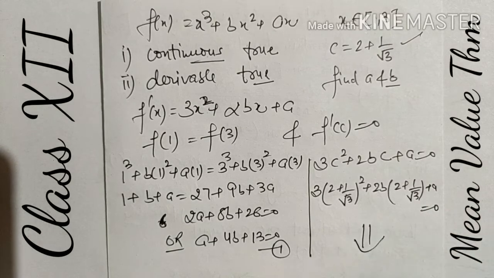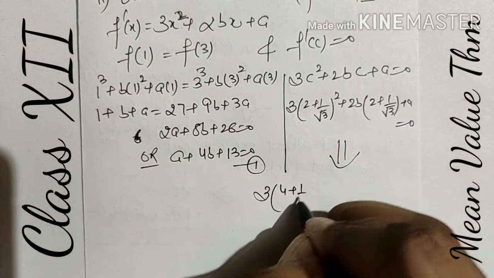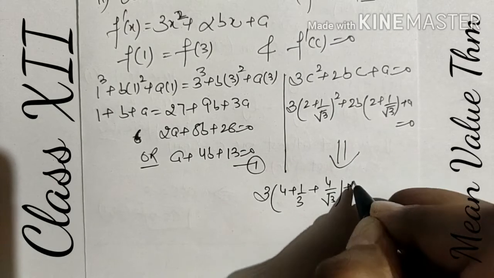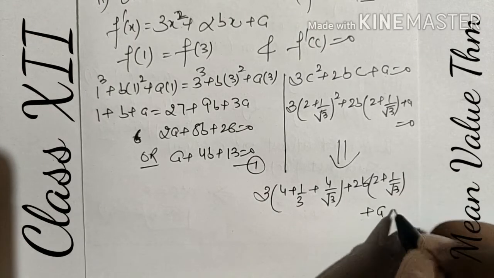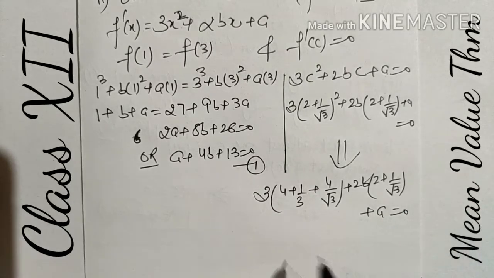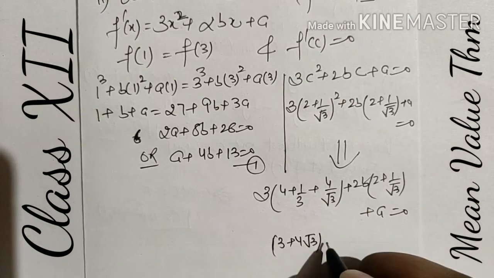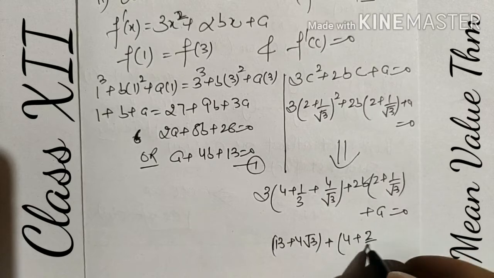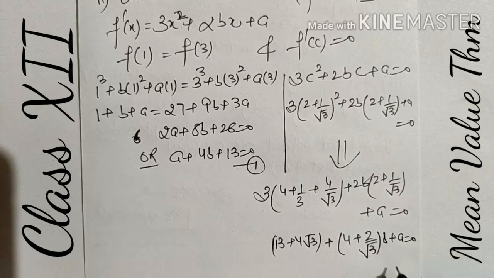If we simplify, we get 3 times 4 plus 1 by 3 plus 4 by square root 3, plus 2b with 2 plus 1 by square root 3, plus a should be 0. If we simplify, we get 13 plus 4 square root 3 constant, plus 4 plus 2 by square root 3 with b, plus a is equal to 0. This is our second result.